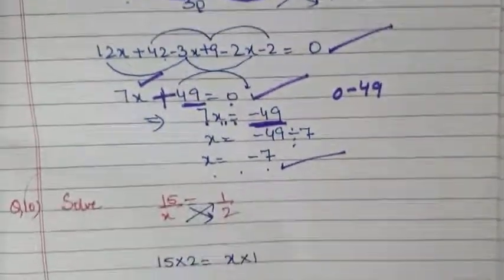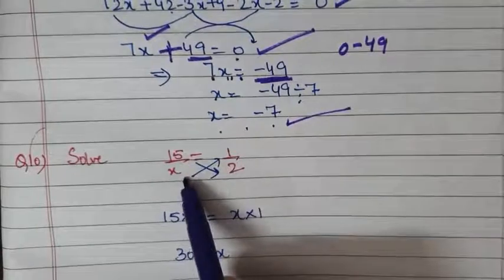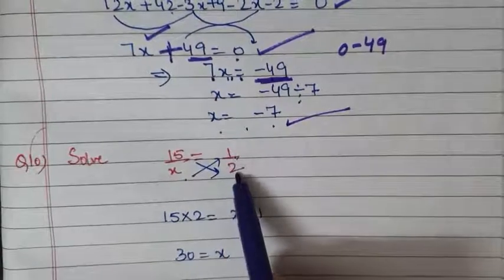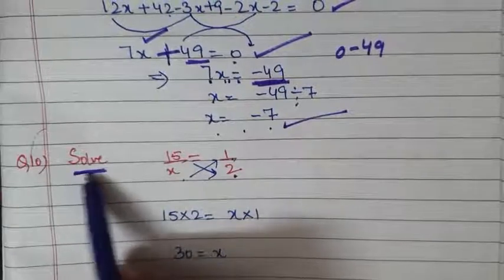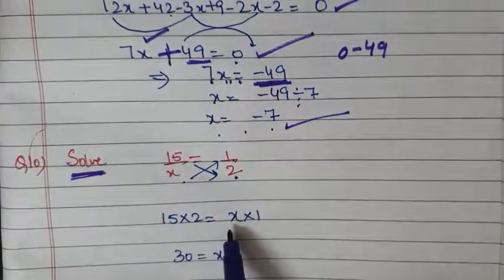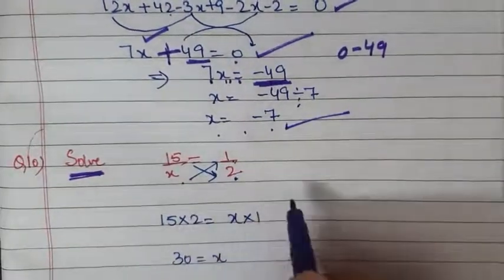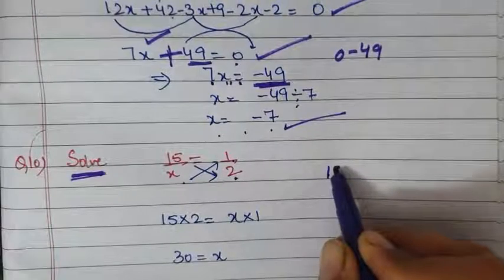Now the next question is 15 upon x is equals to 1 upon 2, and you have to find the value of x. You can do the cross multiplication or you can do like this also.